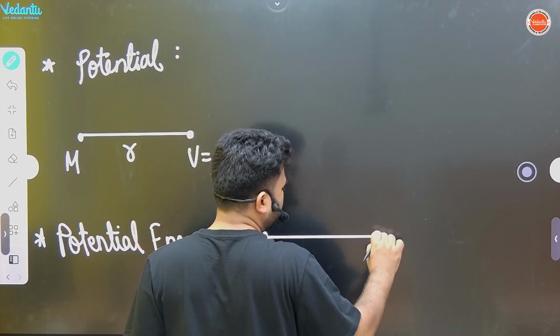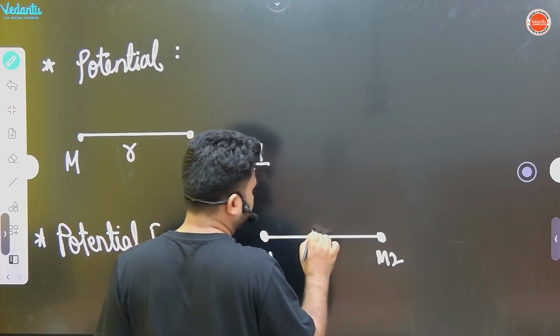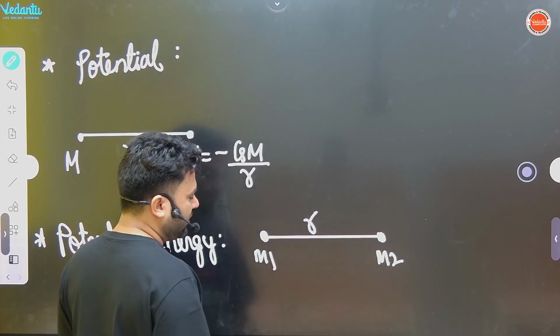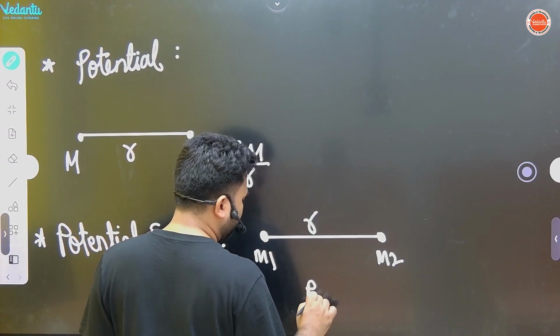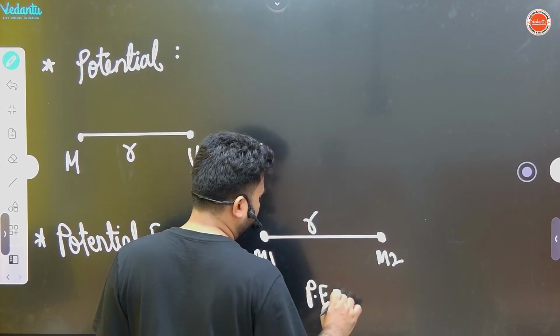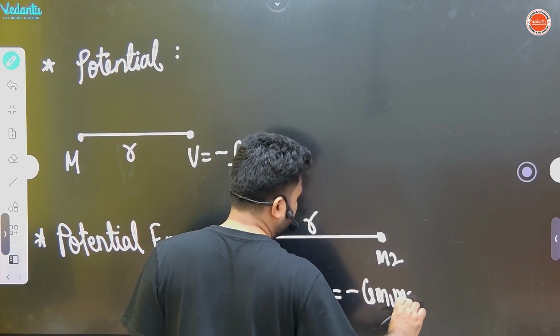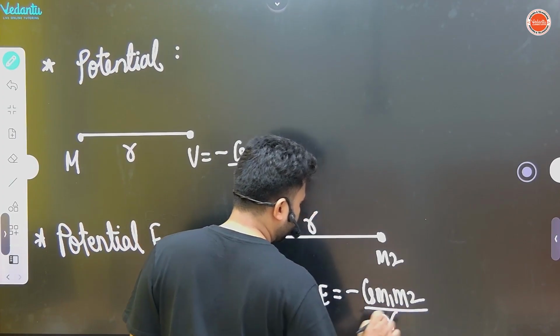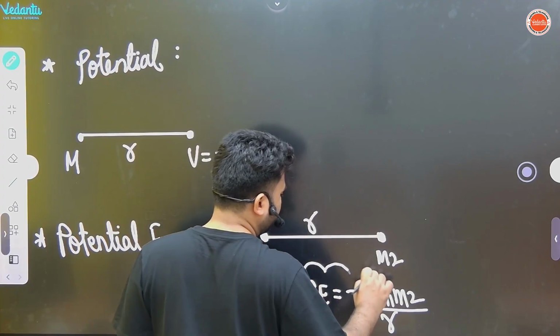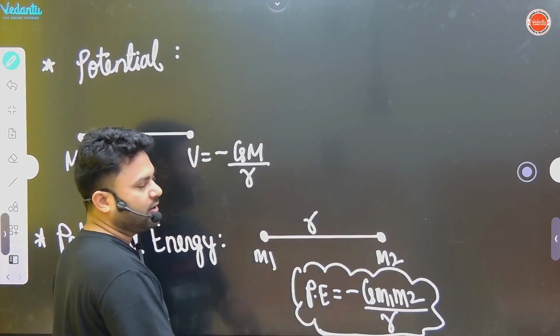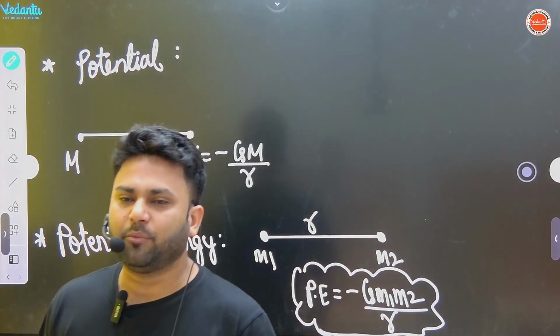This is mass 2. They are separated by a distance r. They ask what is the potential energy of the system. Always remember potential energy is minus G m1 m2 by r. This is the potential energy of the system. Very important formula. Minus G m1 m2 by r.